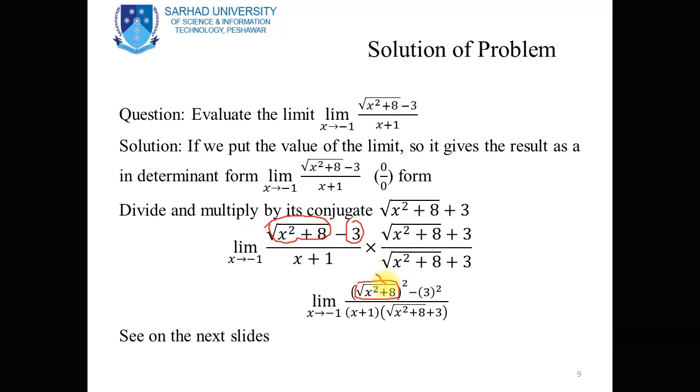Now the under root and the square cancel, and we obtain in the next slide, under root x square plus 8 whole square minus 3 whole square, divided by x plus 1 into under root x square plus 8 plus 3.